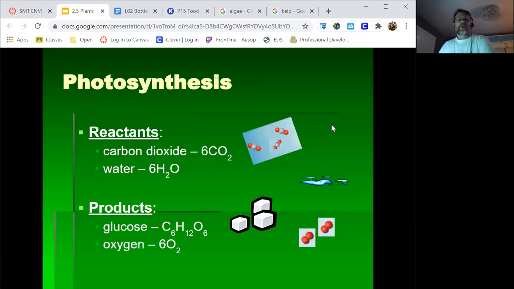So photosynthesis, when we say reactants, that's the things we start with. The reactants start with carbon dioxide, CO2, 6 of them, and water, 6 H2Os.